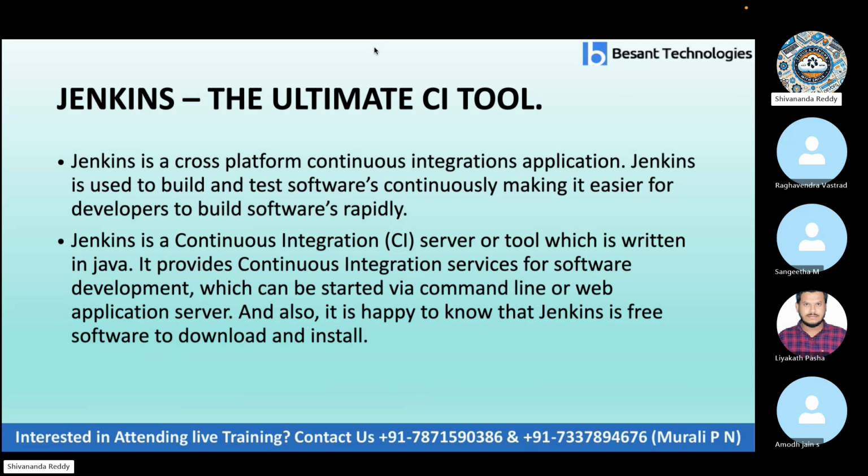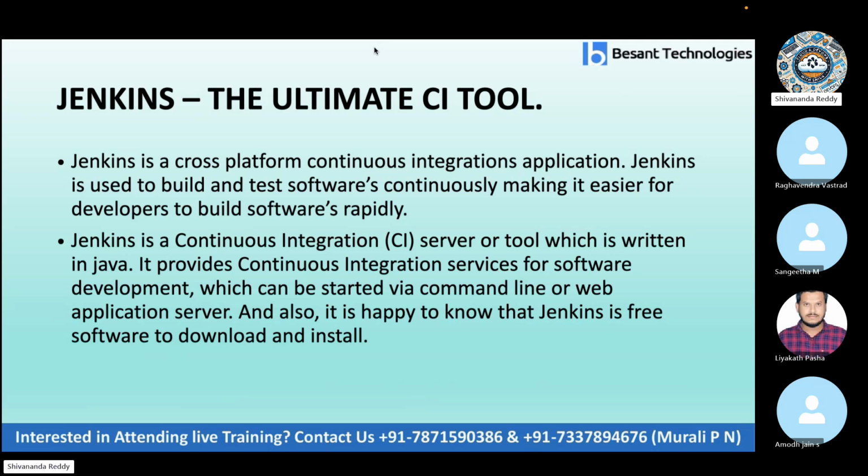That means using Jenkins, we can integrate the applications and build and test the software applications continuously without any time break. And this would be very easy. Developers and administrators can deploy the software very quickly. That's the significance of Jenkins.